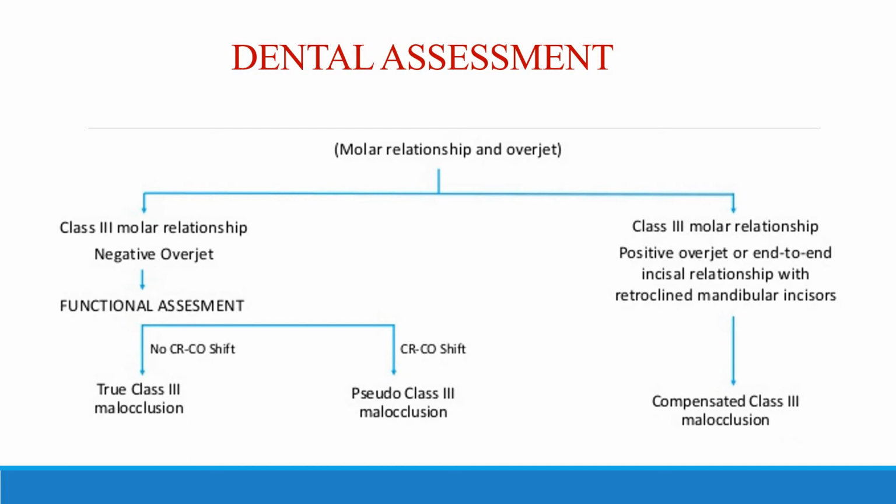In a broader perspective, it is generally considered to be a manifestation of mandibular prognathism or mid-face deficiency, or a functional forward shift of the mandible on closure to occlusion. Therefore, it could be skeletal class 3, dental class 3, or pseudo class 3, all resulting from a variety of combinations.